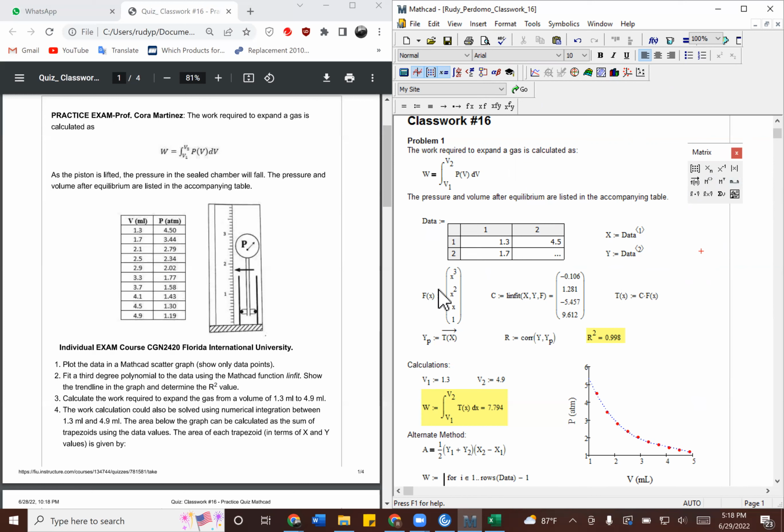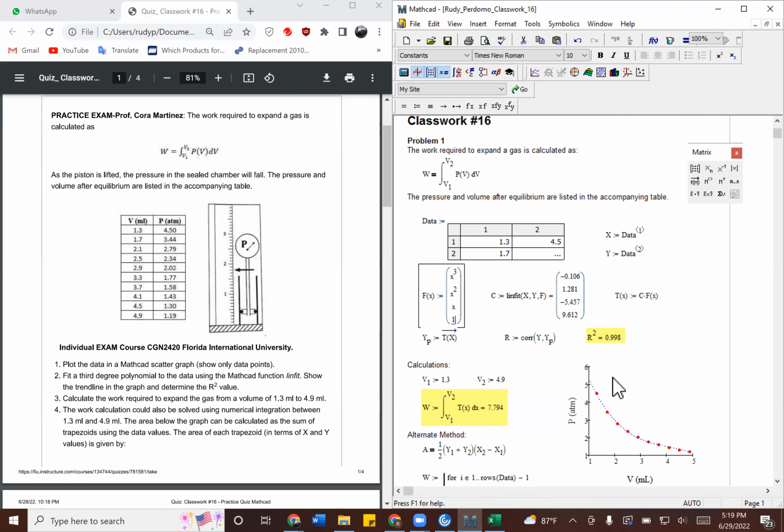So we're gonna do pretty much the same thing that we did in Excel. We're gonna give MathCAD the coefficients here: x cubed, x squared, x, and 1. Now, if we wanted it to start at 0, then we would take this 1 out.